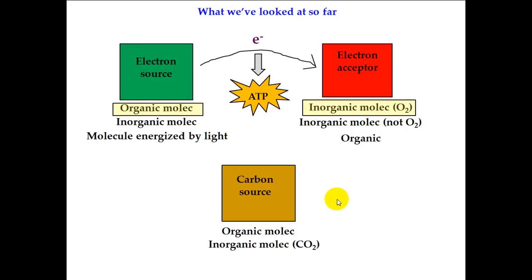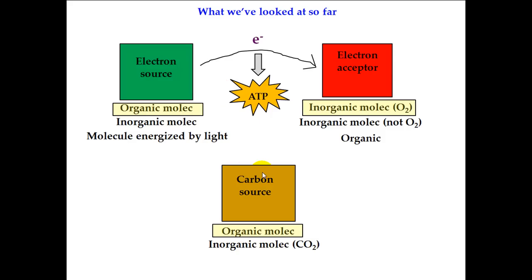And again, by definition, that would make that cell an aerobic respirator. We've also taken a look at cells that can use organic molecules as their carbon source. By definition, this cell would be described then as a heterotroph. Right? We've just seen that something like glucose could be used as both an electron and a carbon source, right? Because it has high energy electrons in it, and it has carbons in it.